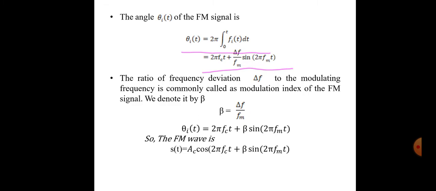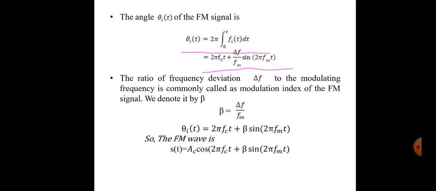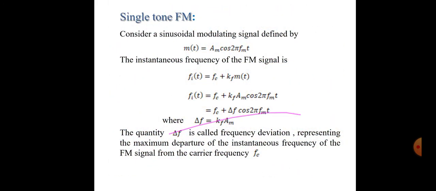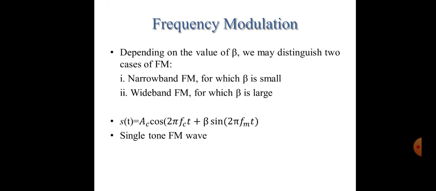We already know that fi of t is equal to fc plus kf m of t, where m of t is equal to Am cos 2 pi fm t.